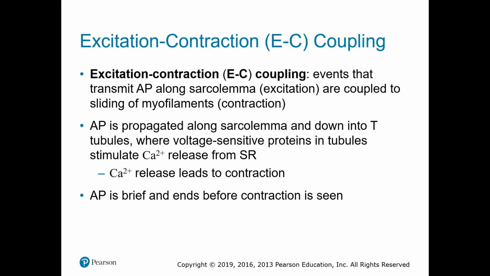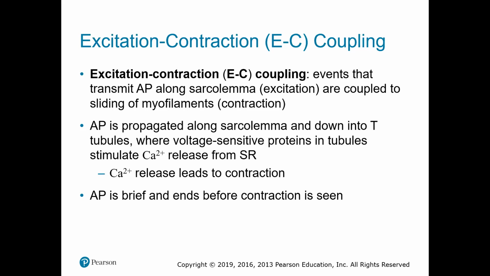So we've got our action potential going across the muscle cell. It goes down into the T-tubules. The T-tubules are connected to the terminal cisterns on each end of every sarcomere.